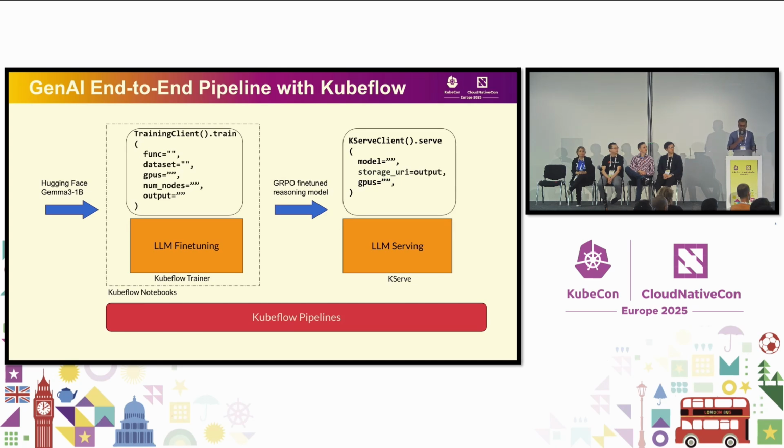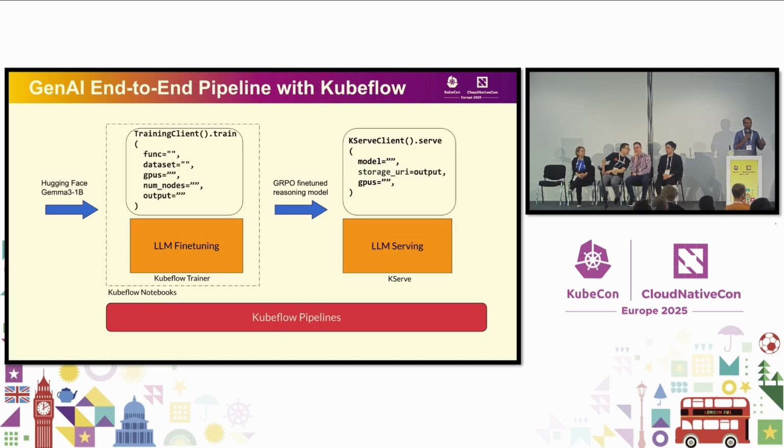So we'll take a minimal example here in the interest of time. We'll take a Hugging Face Gemma 3 1 billion model, which is a very lightweight, small model, which got released a week ago. And the idea is to create a fine-tuned model for reasoning. So you would have heard about reasoning.